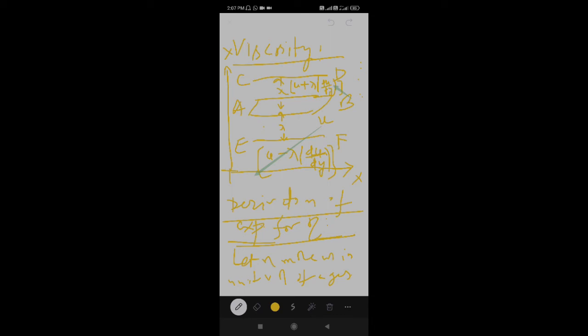And next, what is their collective velocity? C bar. Let C bar be the average velocity of the gas molecules.